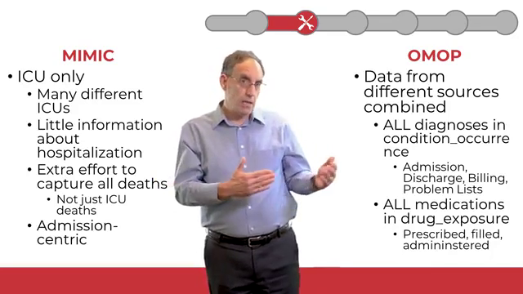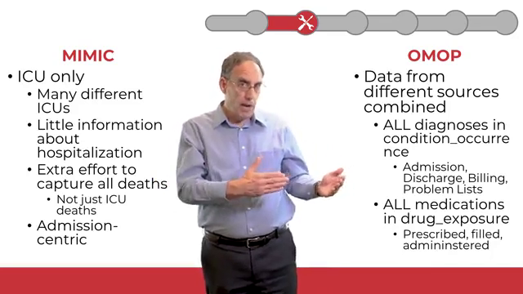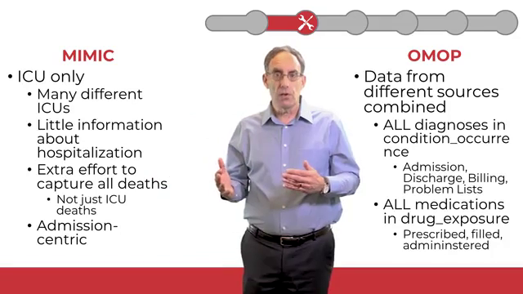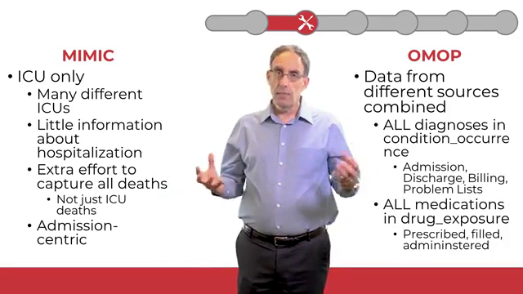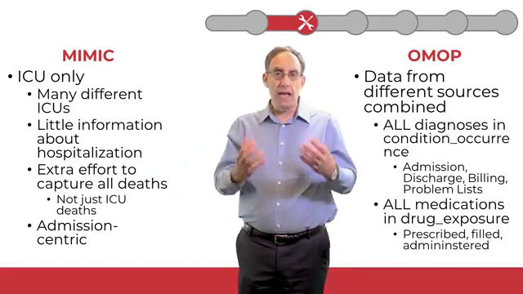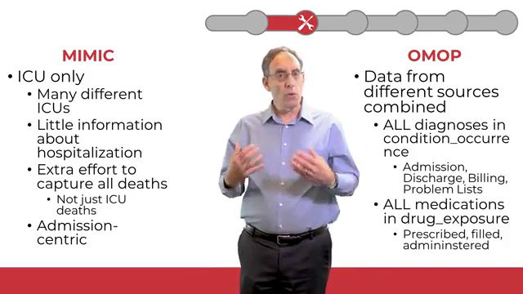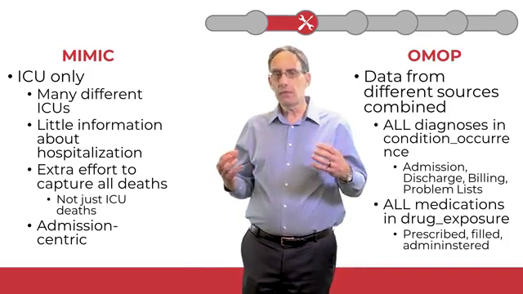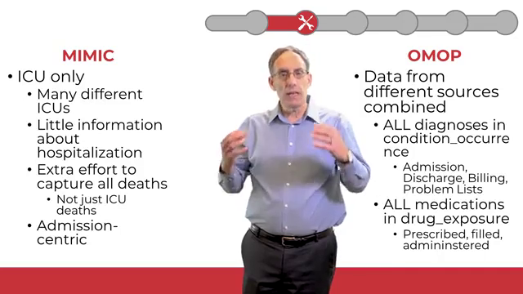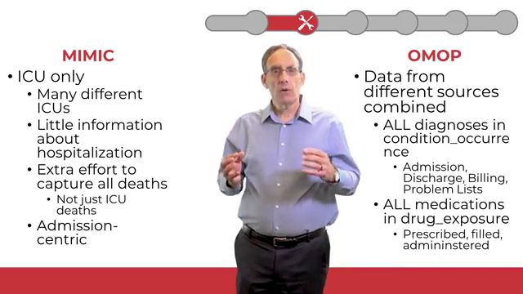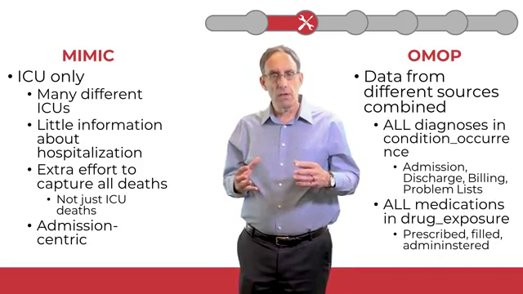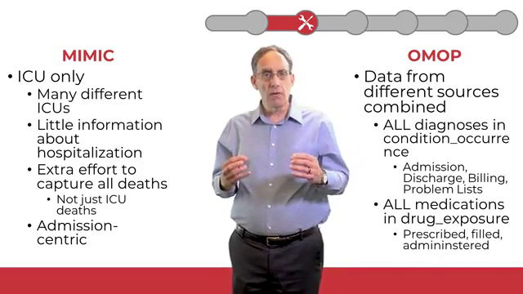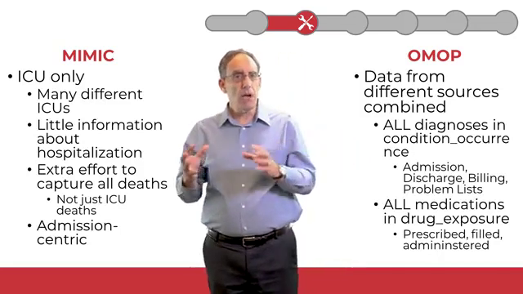Surgeons may assign diagnoses before and after a procedure. And more recently, patients have the ability to add their own diagnoses to a personal problem list. All of these different types of diagnoses are stored in a single table called condition occurrence. They are distinguished by a value in the condition occurrence type concept field.